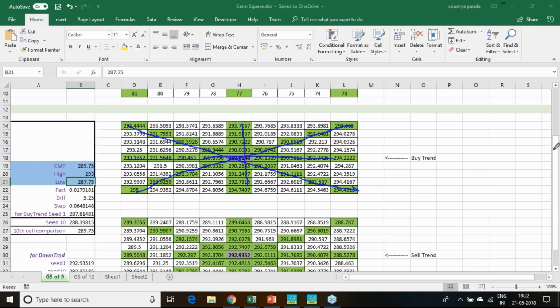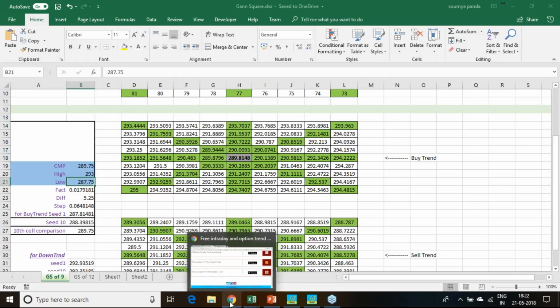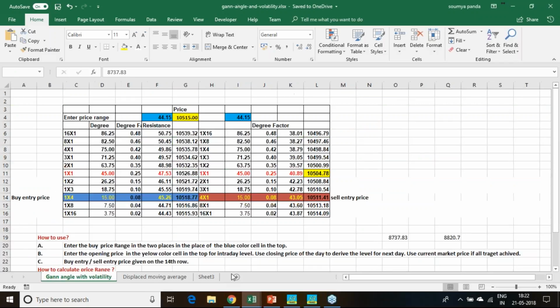So based on this concept only, Gann Square of 9 was devised, and Square of 12 was also devised on the same concept. Post that, Gann thought that he had to bring a little more accuracy and a little more clarity to his method.